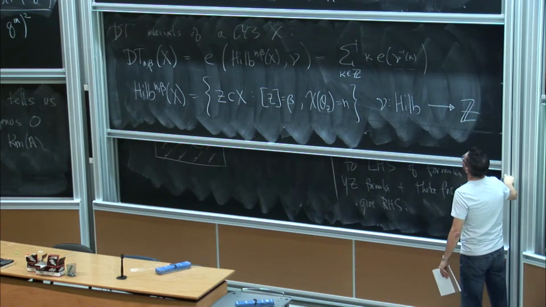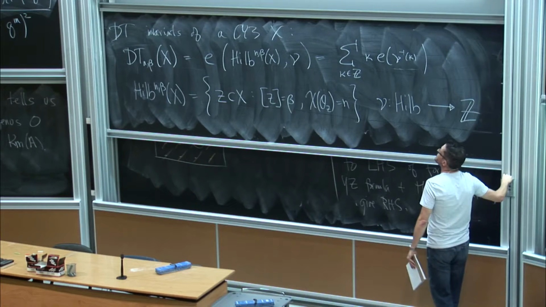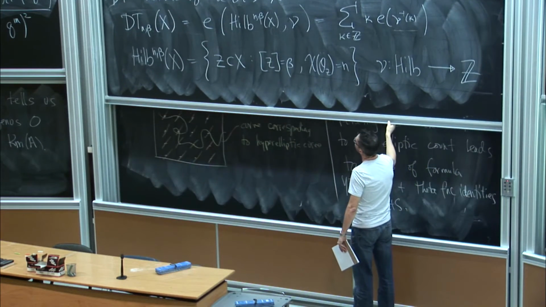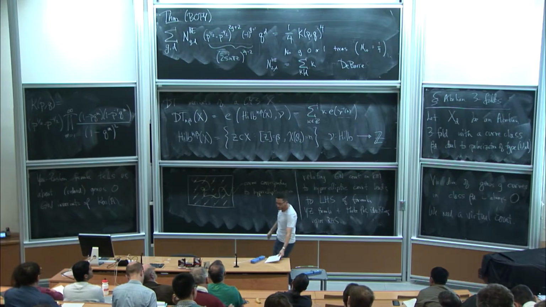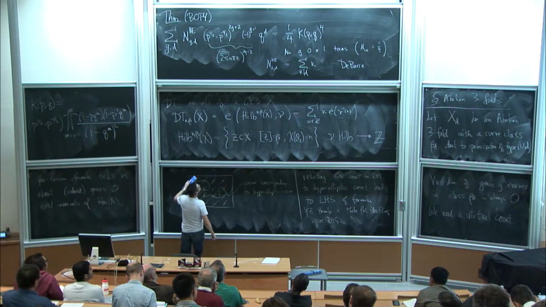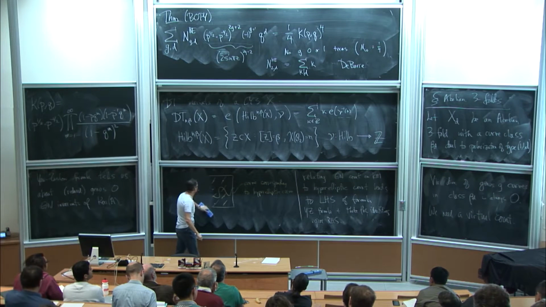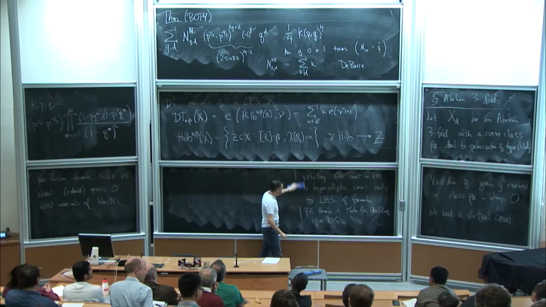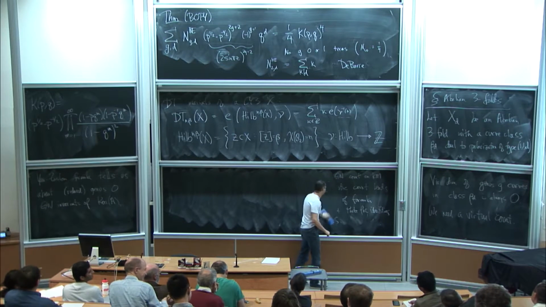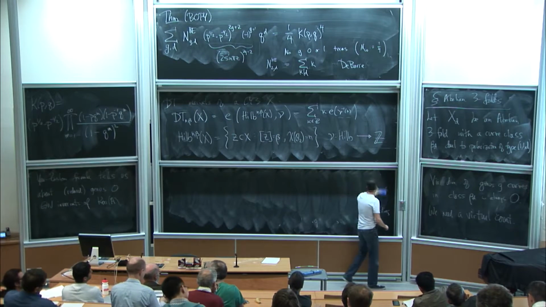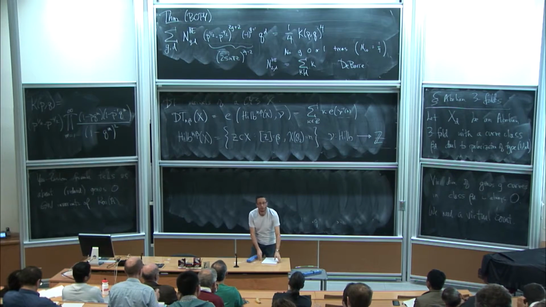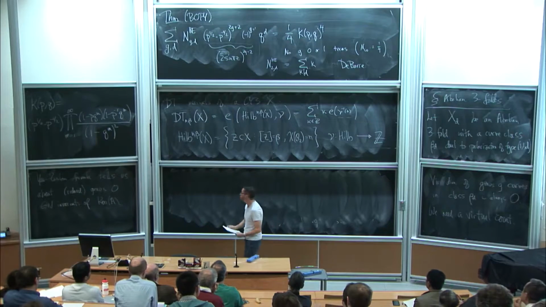And what's the theorem? The theorem is that these are in fact deformation invariant. The Behrend function is defined by Behrend. Let's just say it's defined for any scheme, and it depends only formally locally on the neighborhood of each point.